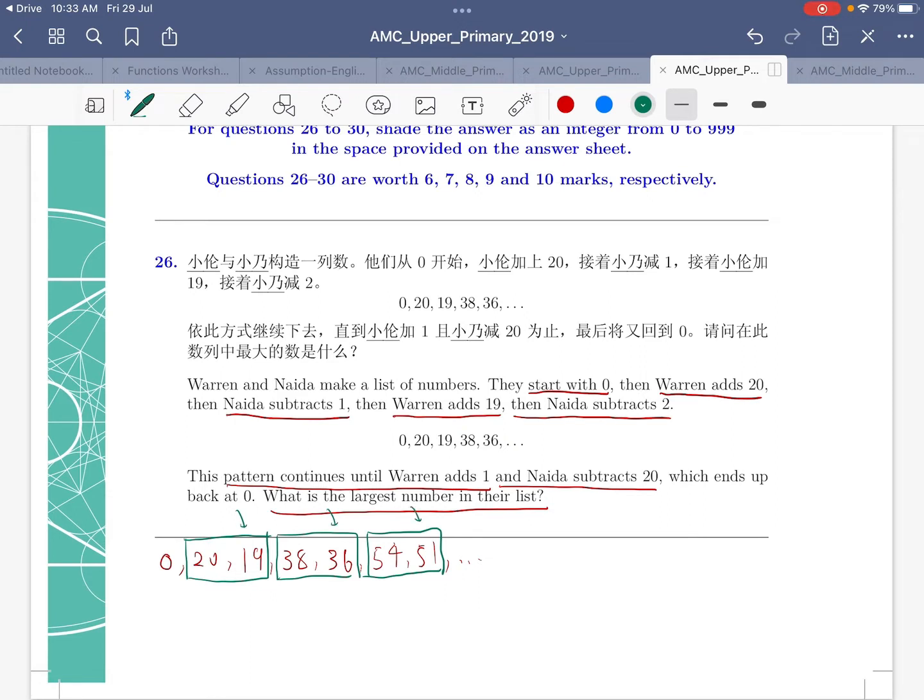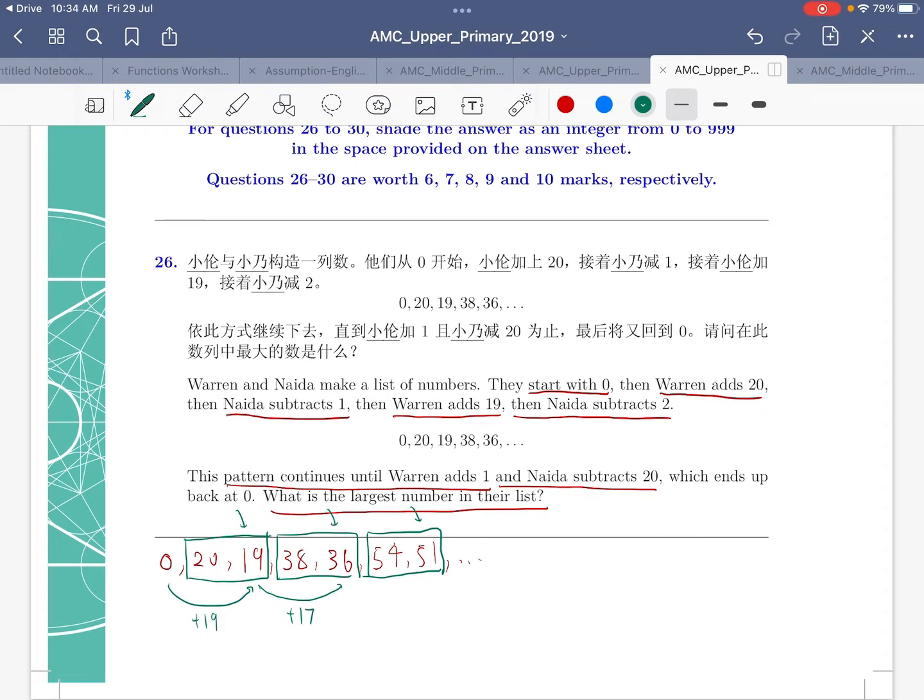Now, from 0 to 19 itself is a plus 19. Then from 19 all the way to 36 is actually a plus 17.